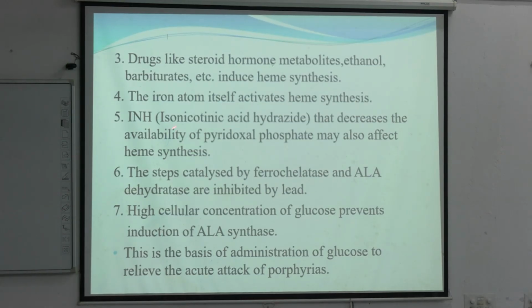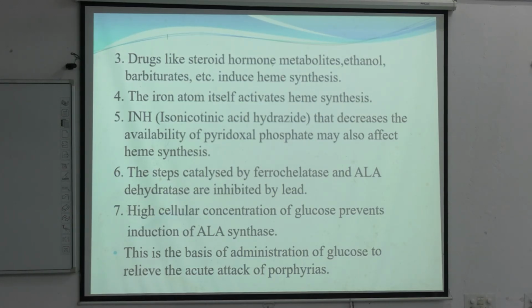Drugs like isoniazid, a drug for TB and leprosy, also decrease the availability of pyridoxal phosphate that may affect heme synthesis. So isoniazid captures all the PLP in the body in its own mechanism. That's why heme synthesis may be hampered.